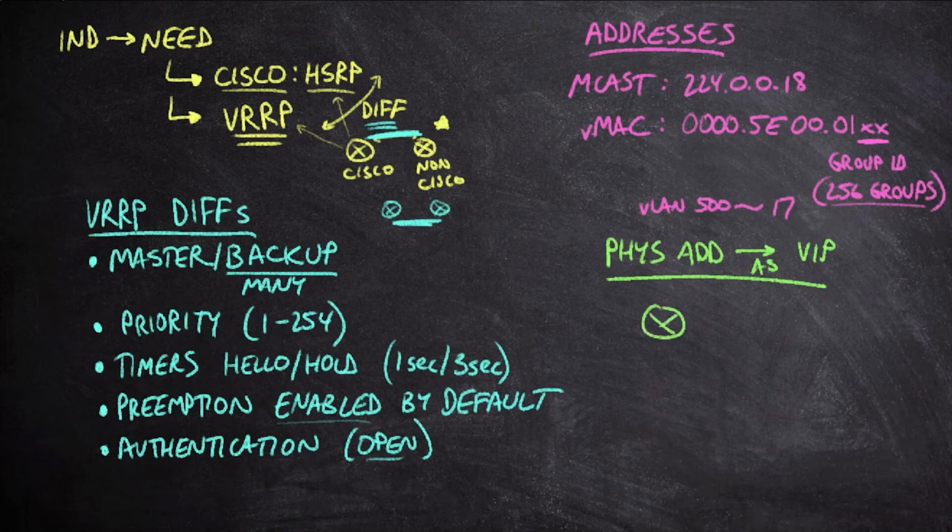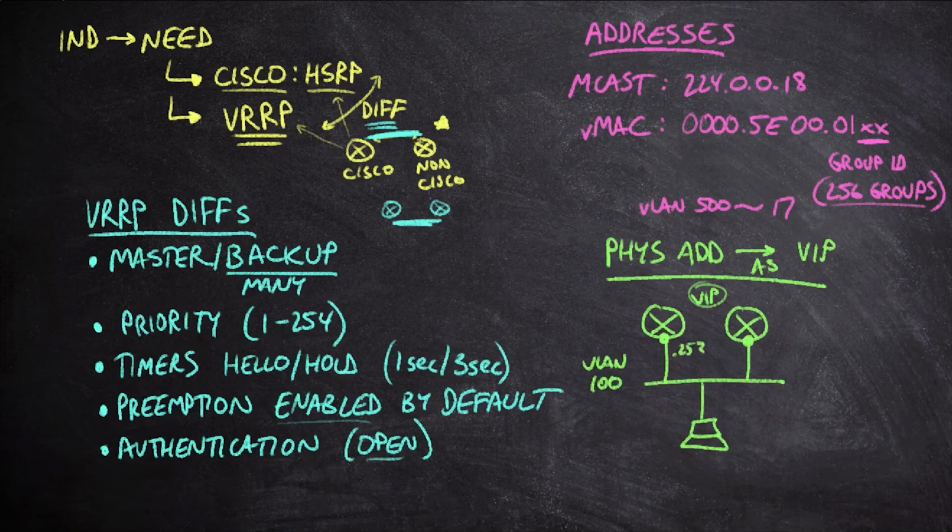So let's say that we have a pair of routers, and we have these layer 3 interfaces that are connected to a broadcast domain, a VLAN. So we'll just say this is VLAN 100. And if we wanted to configure this via HSRP or with VRRP the traditional way, we would have a virtual IP address shared, and therefore we'd have something like that .253 on the left, .254 on the right, and .252, I guess, up here. I meant to start with 252, but we have 3 IP addresses in use here.